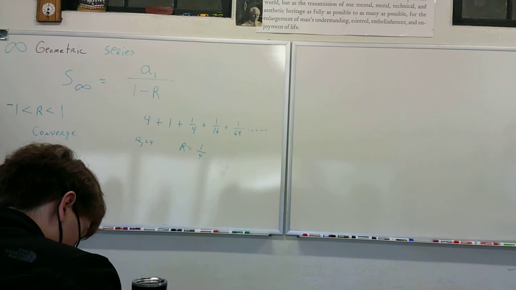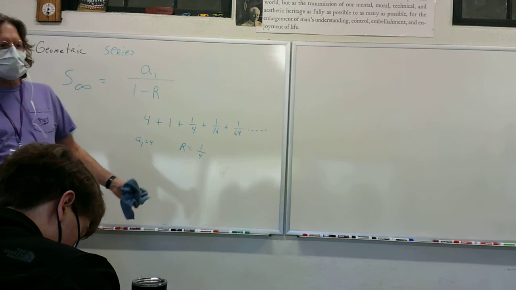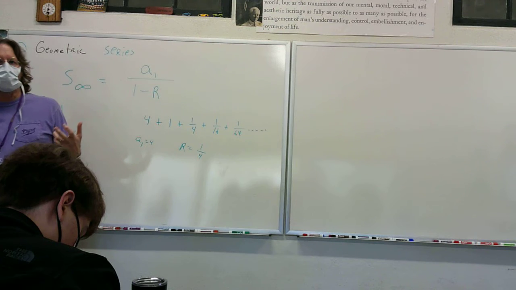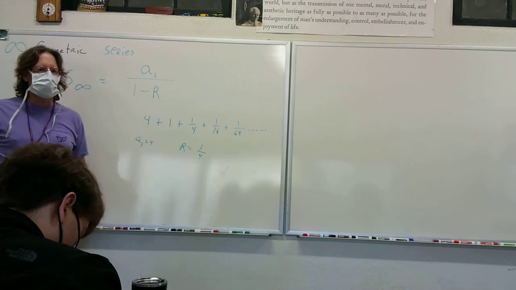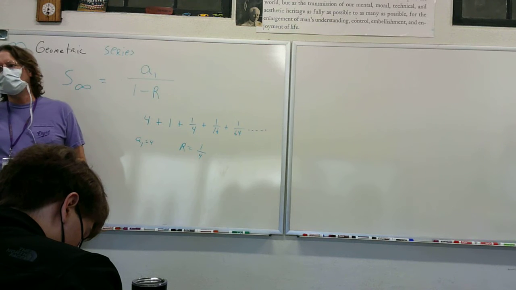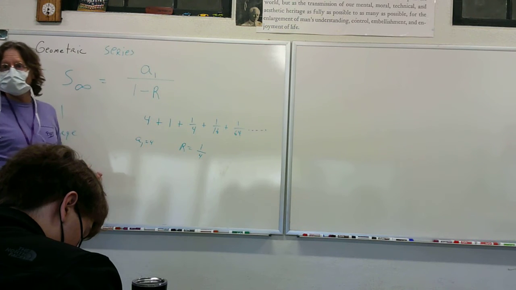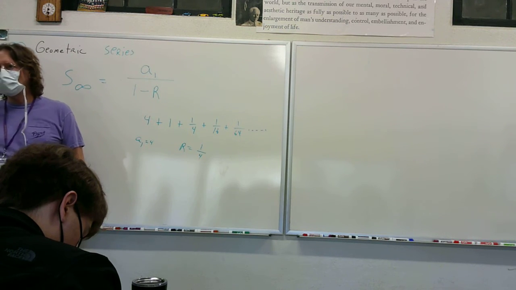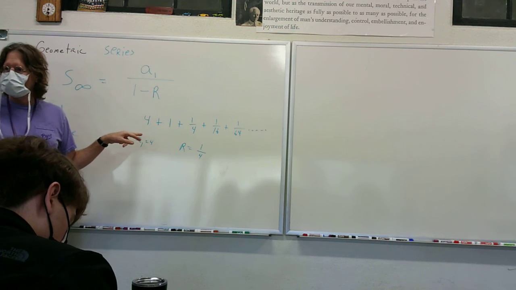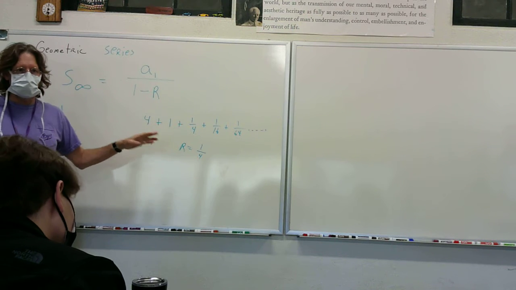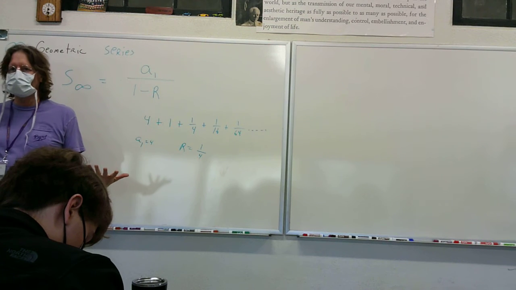So if we were going to add these up forever and ever, you know, you give the little kid the calculator while you're babysitting and say, I want you to add 1,000 of these together and tell me what you get. Well, is 1,000 really going out to infinity? But I bet infinity would be a pretty good approximation for going out to 1,000.